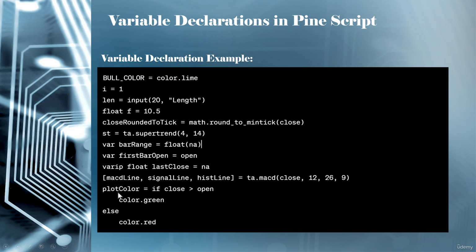Also, in the following example, we assign to a variable a return of the if operator. Depending on the condition of the if operator, the plot color variable will get either color.green or color.red value.